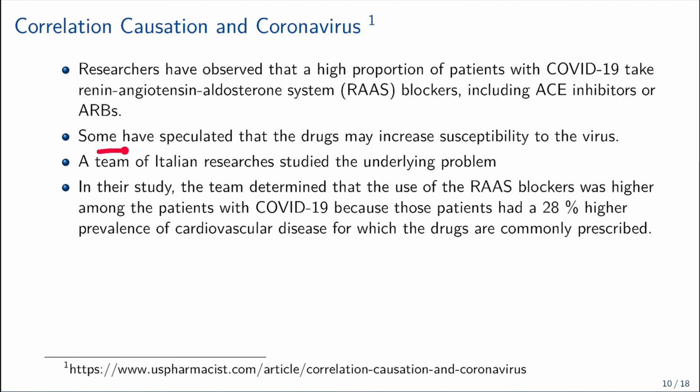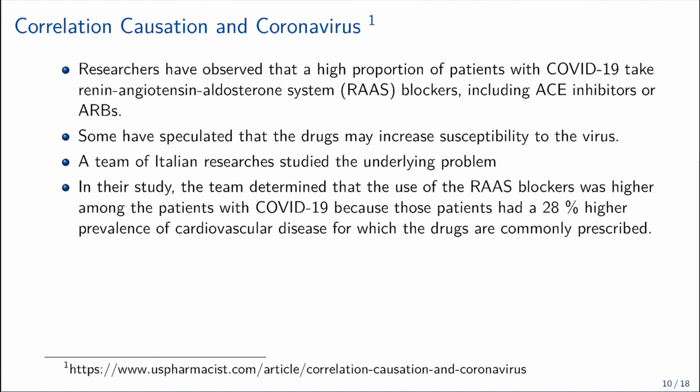Some have speculated that the drugs may cause susceptibility to the virus. Meaning that if you take the medication, it can cause an increase in the symptoms of COVID-19, or you are more susceptible to contract COVID-19.